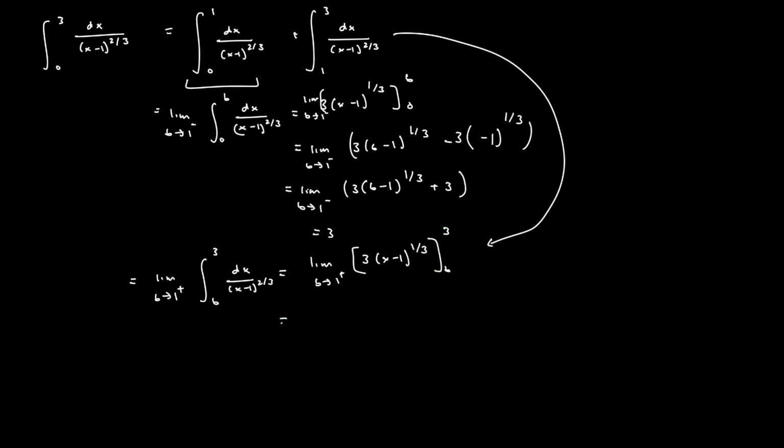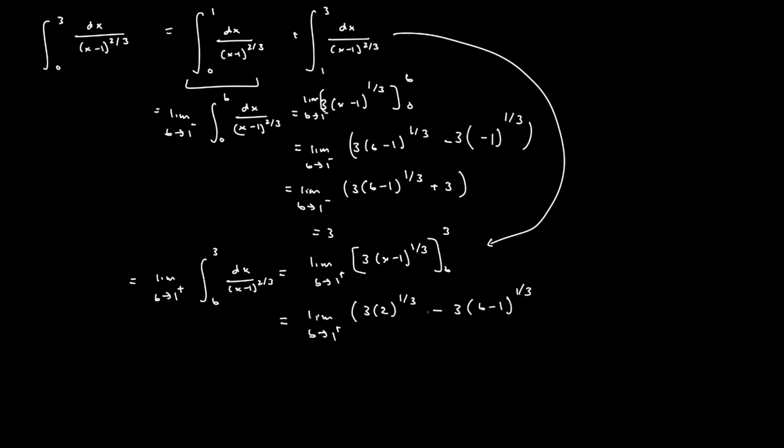That becomes the limit as b tends to 1 from the positive side of 3 times 2 to the 1/3 minus 3 times (b minus 1) to the 1/3.